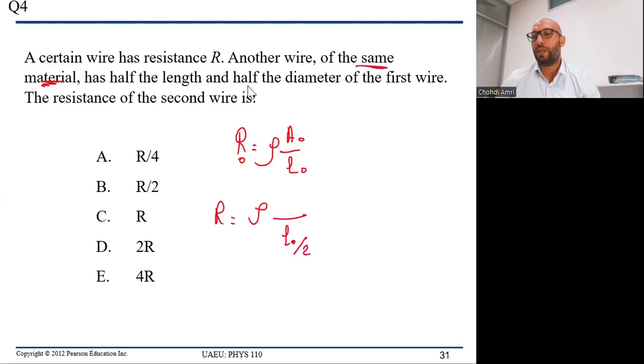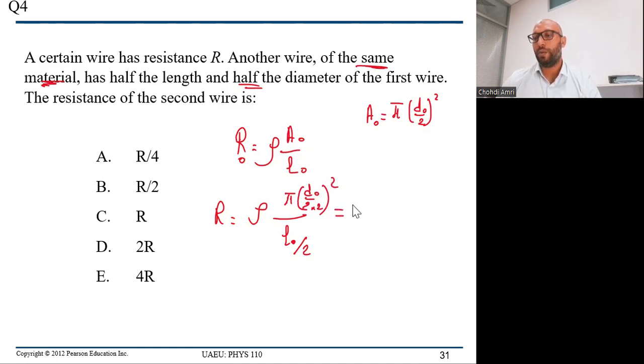and what happened to the diameter? It's the half. We know that the area equals pi r squared, or pi times d over 2, squared. So what are we going to get? We will write here pi d naught over 2, because the diameter also is divided by 2, to the power 2.